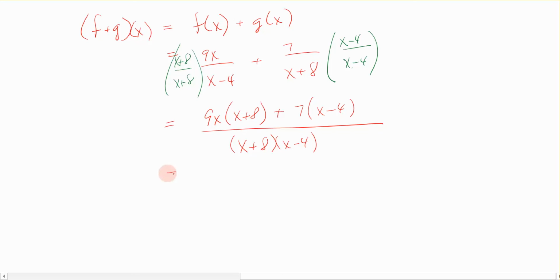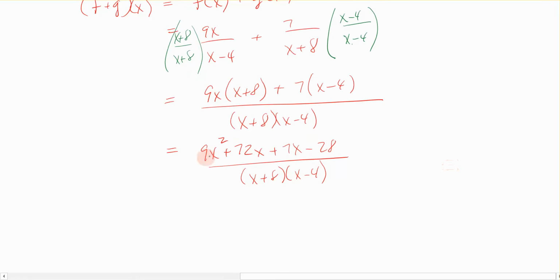Now let's simplify that numerator. I'm going to distribute 9x, and I get 9x squared plus 72x, and then I have a positive 7 that I distribute, so I get plus 7x minus 28, all over the denominator. I'm not going to FOIL this out. I'm going to leave it factored because it's easier for me to see if I need to cancel to reduce, or to know what the domain of the function is.